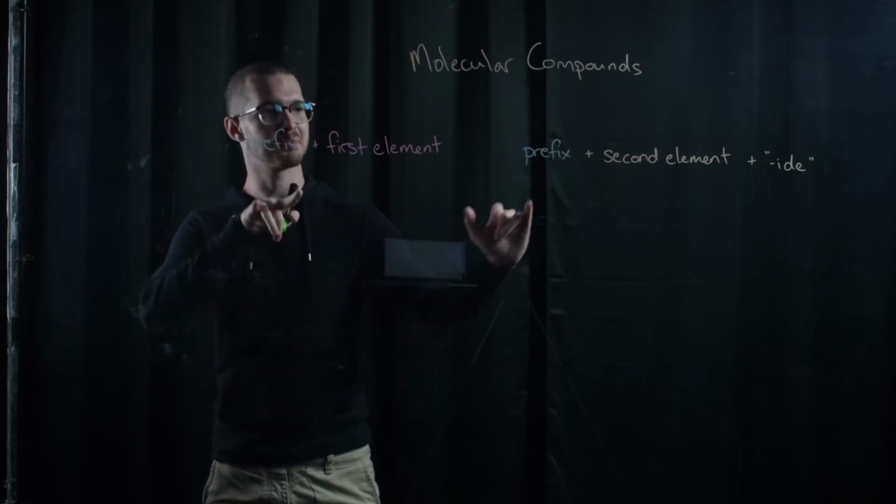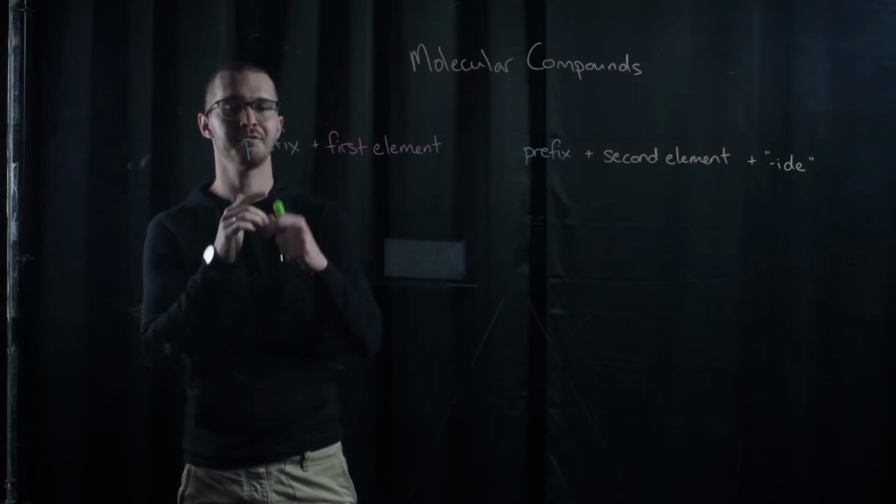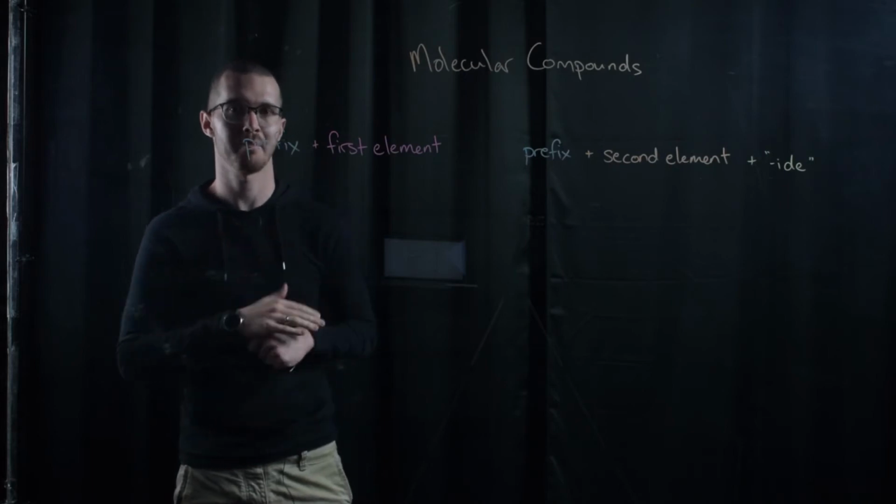So what we mean by these prefixes is we need to look at the number of atoms of each element, and these prefixes communicate how many atoms of those elements are in the compound.